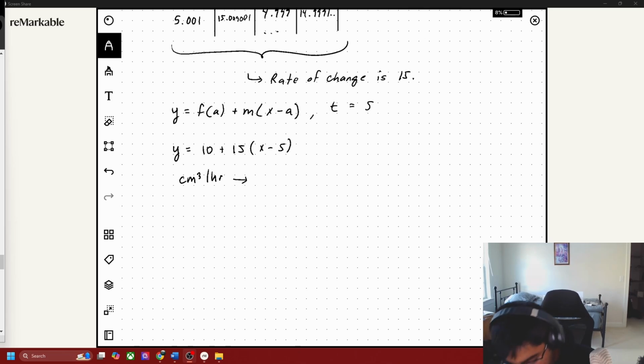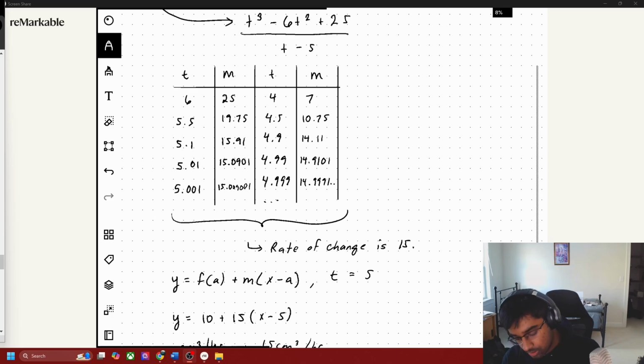So in this case, the rate of change at this point is 15 centimeters cubed per hour. So that really means it's like the balloon's inflating or something. I don't really know what you're solving for here. And what you have to be careful for while interpreting this value here is that after an hour, you probably are not going to have 15 centimeters cubed more of air in your balloon, because, as you know, it's a function.